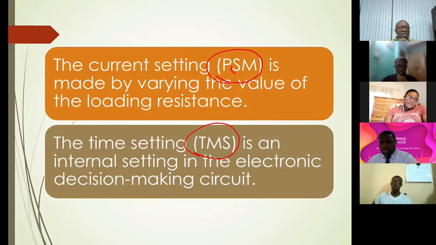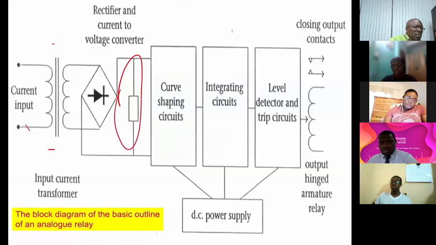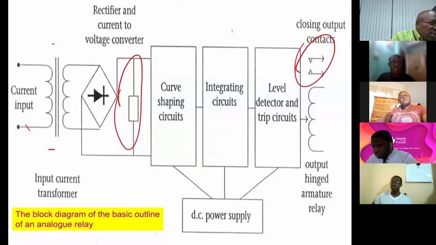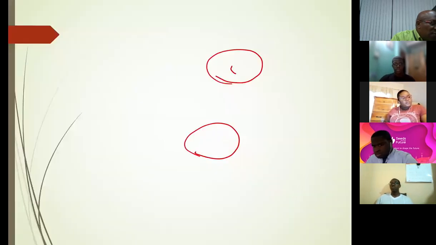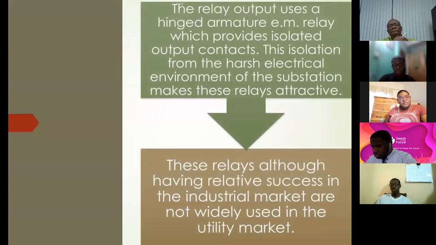The last thing I want to mention about the analog, and I spoke to it just now, is the contacts external to the relay, which energize your trip circuit for your breaker. So it uses that hinged armature, which provides isolated output contacts.